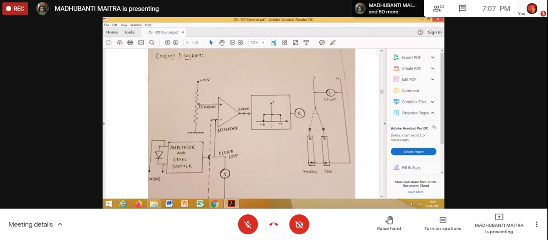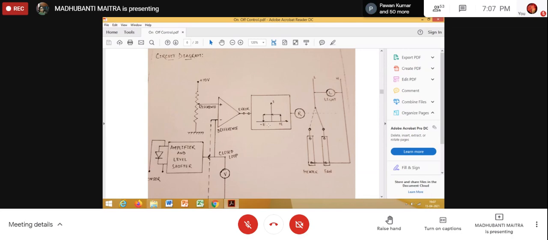Ma'am, can you please explain the Schmidt trigger again? The Schmidt trigger transfer characteristics. Just ignore the arrow directions. So it's a closed curve.